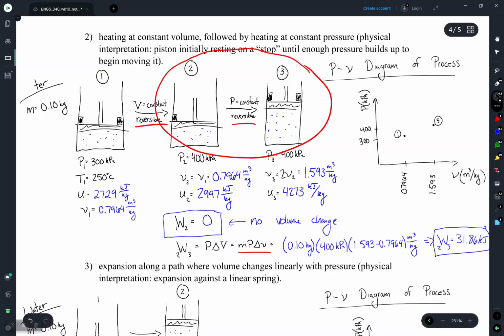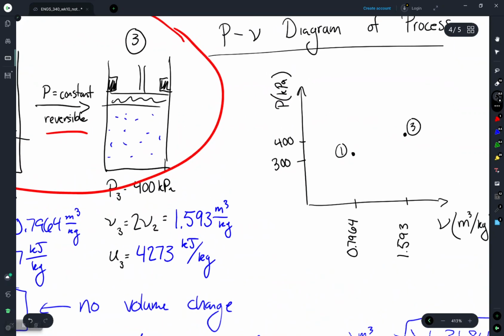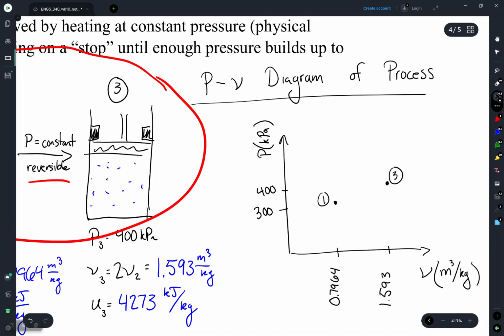If we want to visualize that, here on our PV diagram, you can zoom in here. In this case, we're going up in pressure first, from state 1 to state 2, and then we're staying at constant pressure and increasing the volume. Our work is again the area under the curve. So our work is again this area.